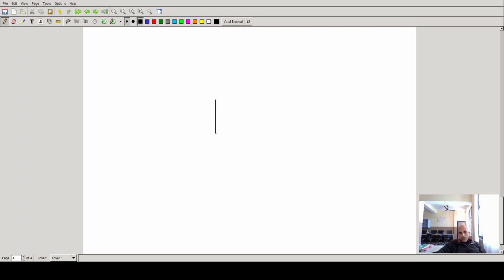This is the circuit symbol that I'm going to draw for the basic operational amplifier. This is called the non-inverting input, V non-inverting, and this is V inverting, right?